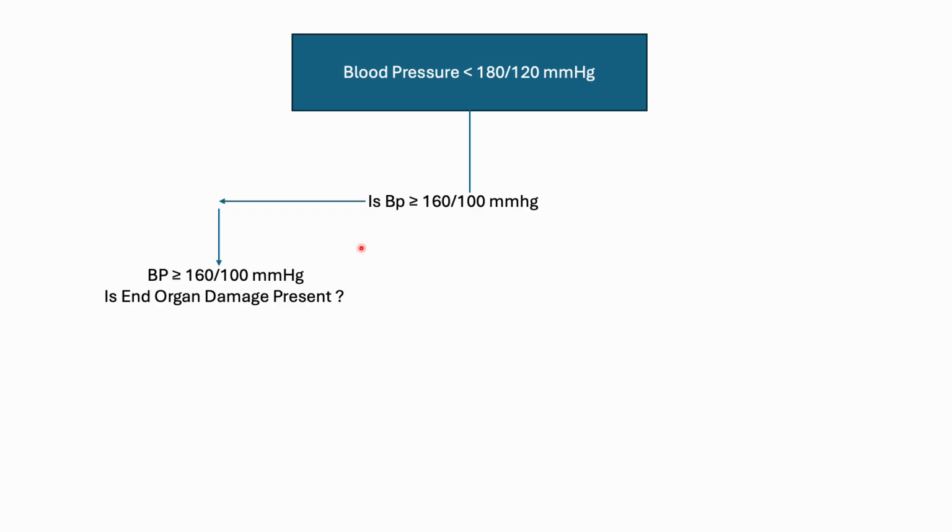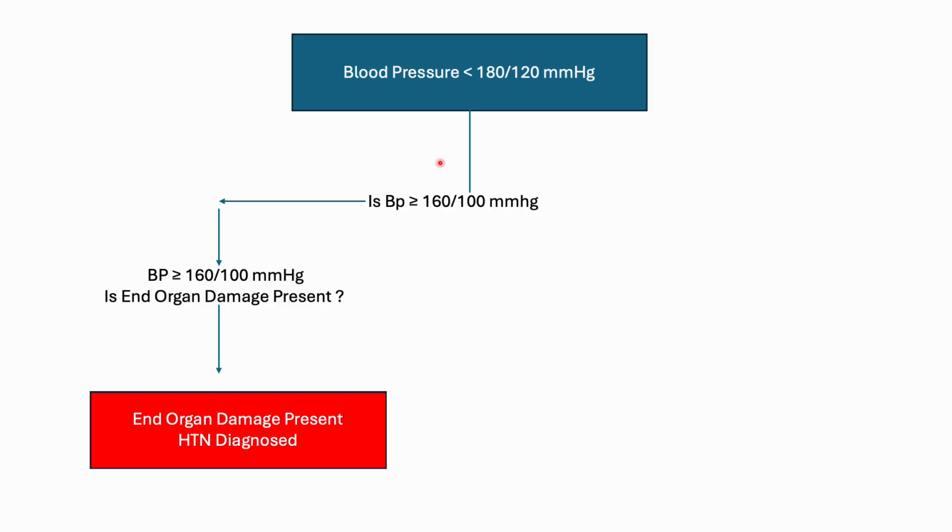If the patient has target organ damage and his blood pressure is more than 160 over 100, then yes, you can label the patient as having hypertension. So this is based on a single reading plus the evidence of target organ or end organ damage.